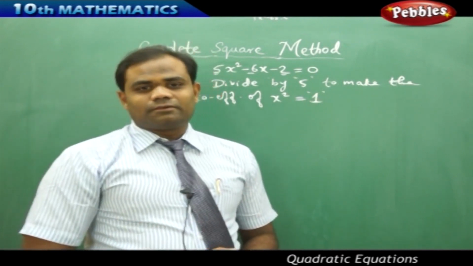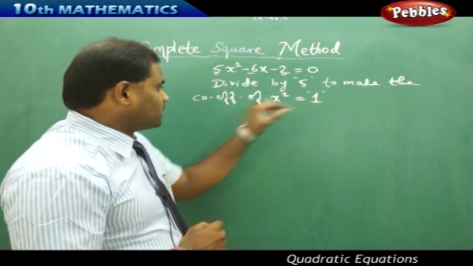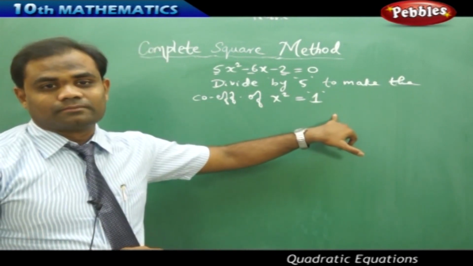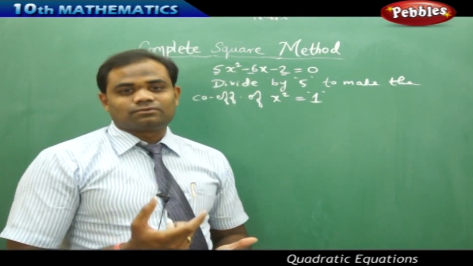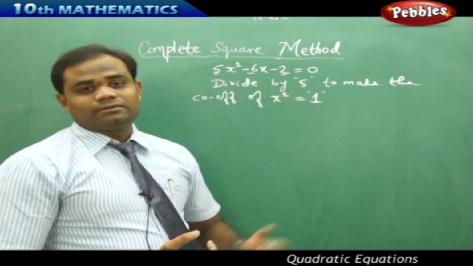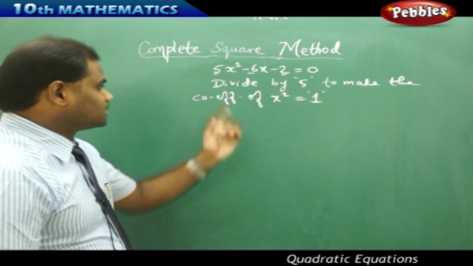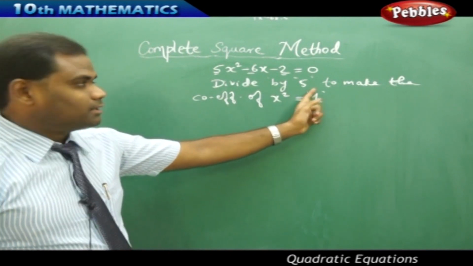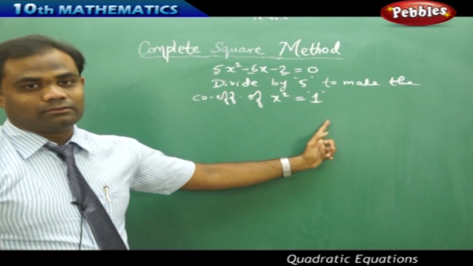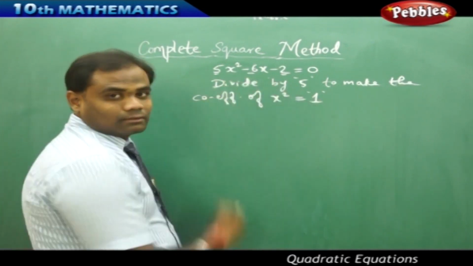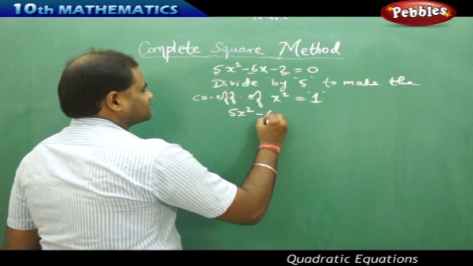So for any problem given, the first step, the first destination, is to make the coefficient of x squared equal to 1. Because the coefficient of x squared is 5, unless I divide by 5, I don't get the coefficient of x squared equal to 1. Therefore, I immediately divide by 5, simply to make the coefficient of x squared equal to 1. This is rule 1. So let's divide and see what finally I get.